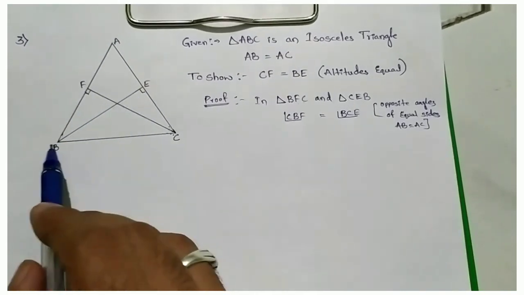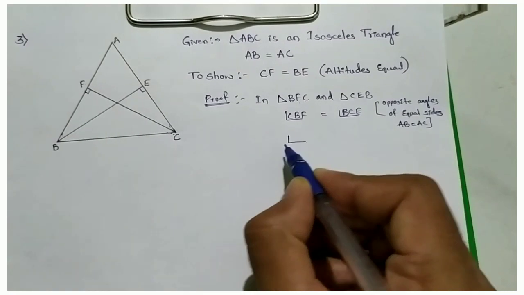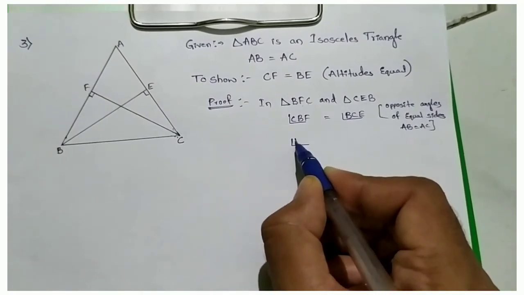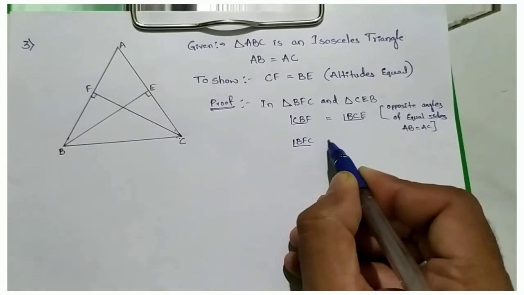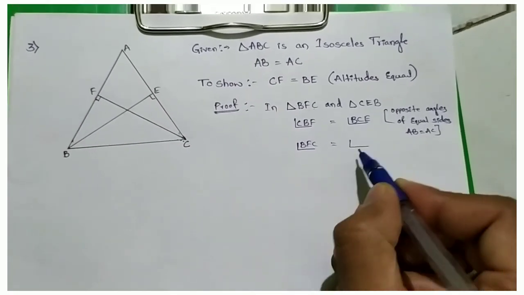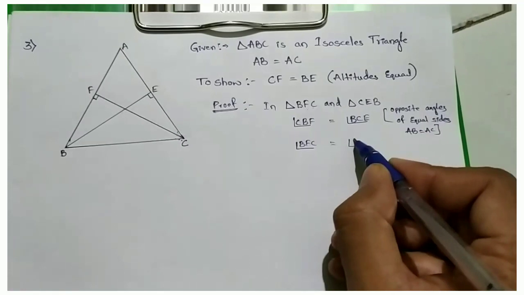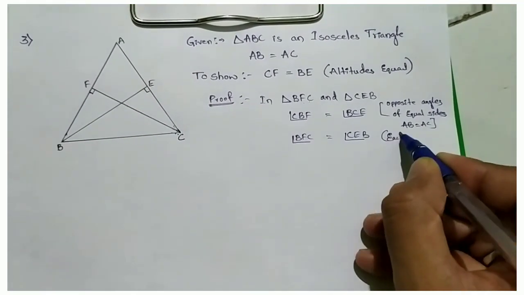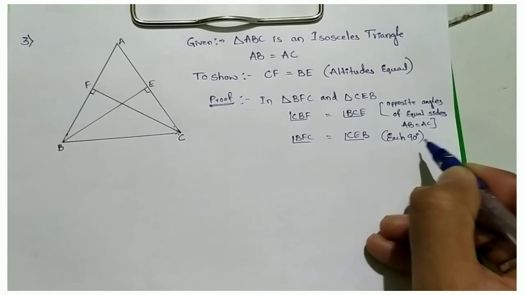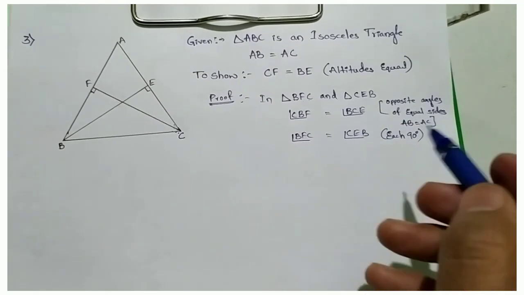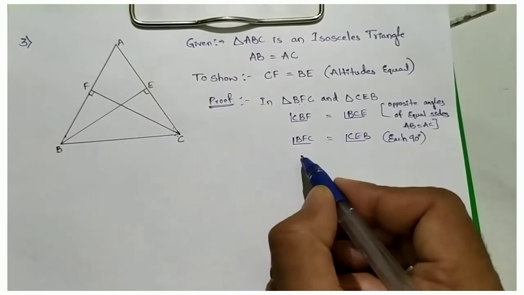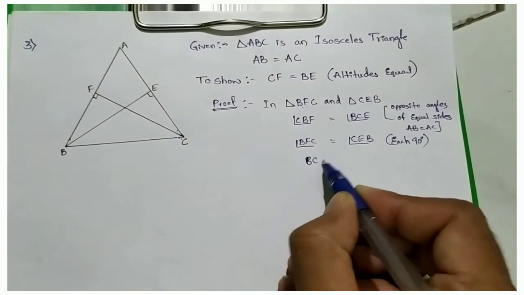Next, one angle we are getting. Which are those? BFC and CEB, both are 90 degree because an altitude makes 90 degree. Those are angle BFC equal to angle CEB, each 90 degree. Okay, two angles are equal. Another thing, see here BC, CB. So BC equal to BC.